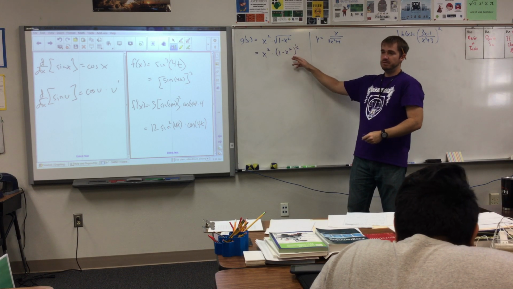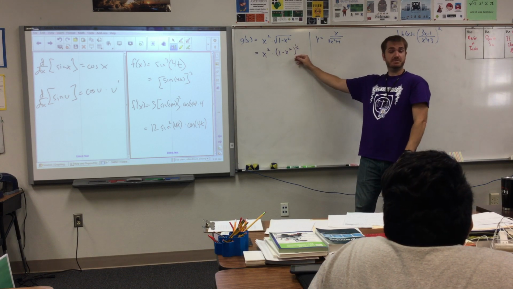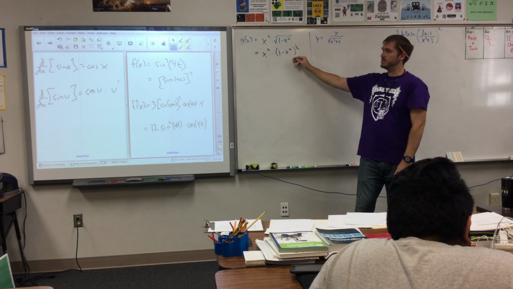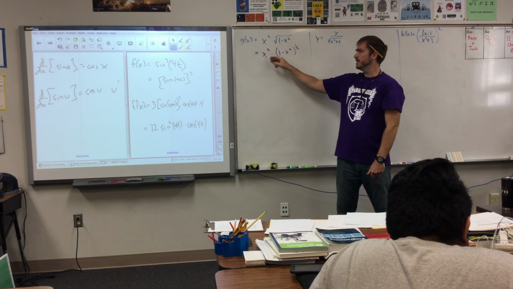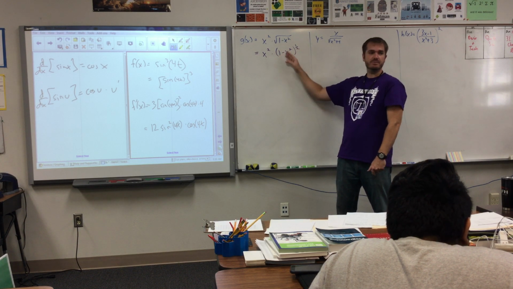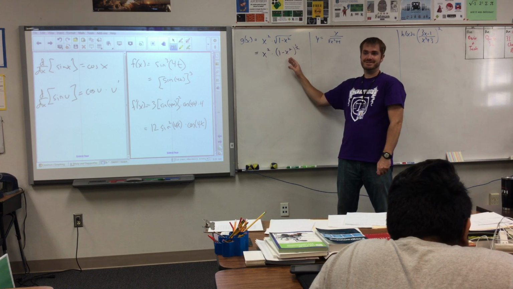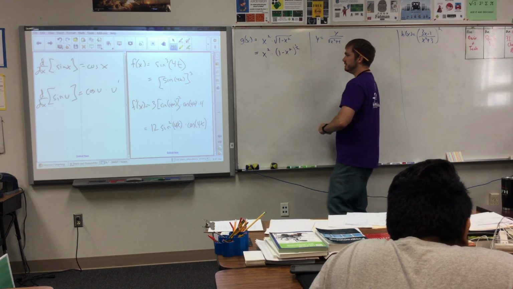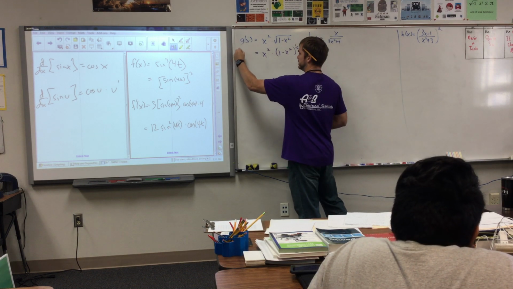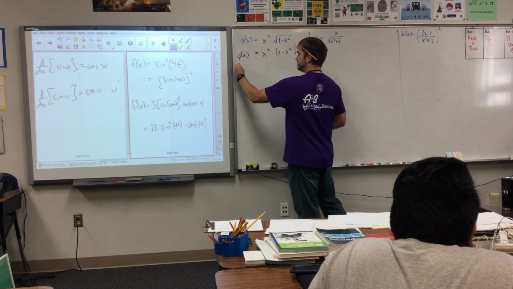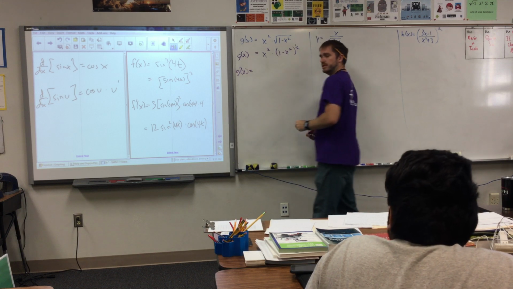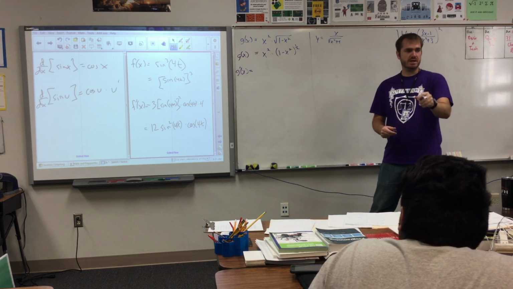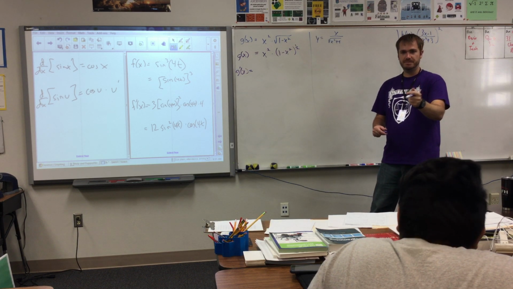So this problem is a horse of a different color. This is a product rule problem with the chain rule on the inside of one of those parts, combining their powers. Here we go. So that was g of x. So g prime, y'all remember the product rule? The first times derivative of the second plus the second times derivative of the first.